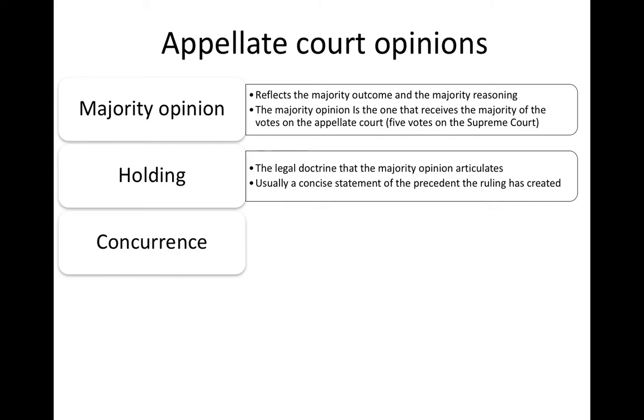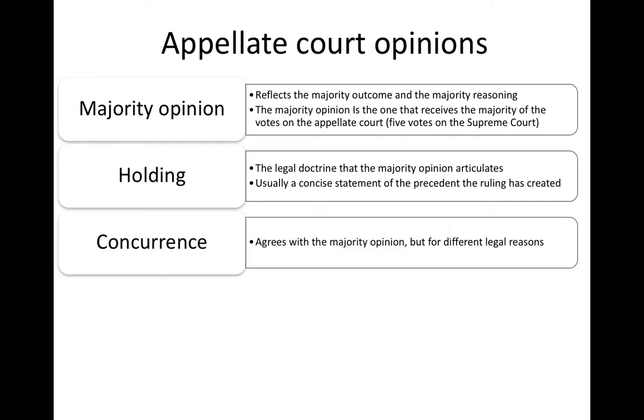The next component of an appellate court opinion is the concurrence. And this doesn't happen all the time, but it does happen sometimes. So sometimes there are justices on an appellate court who agree substantively with the majority opinion decision, but they disagree with the legal reasoning that the majority used to get there.